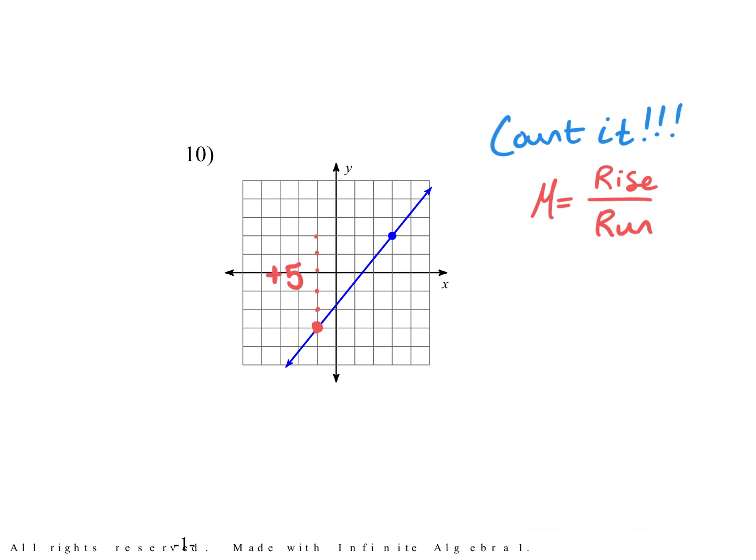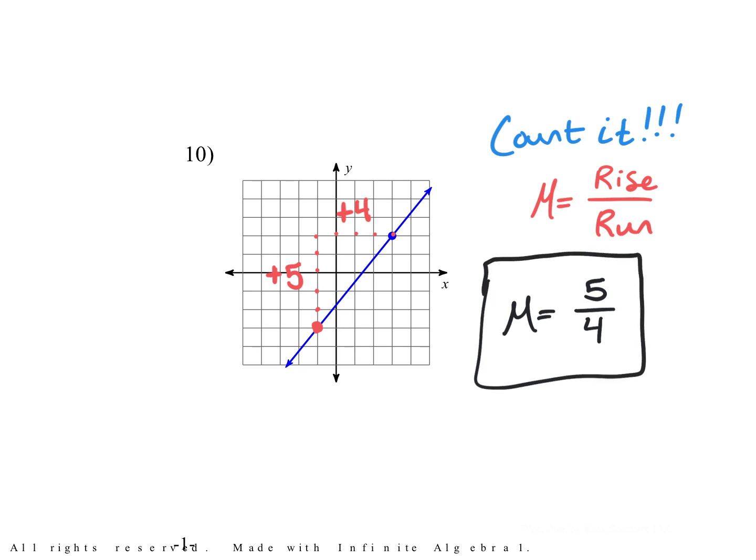But we want to count right, so we count over 1, 2, 3, 4. 4, I counted right, that is a positive 4. So here for your slope, your rise was 5 over your run, which was 4. That cannot be reduced anymore, so that is your final answer. Questions?